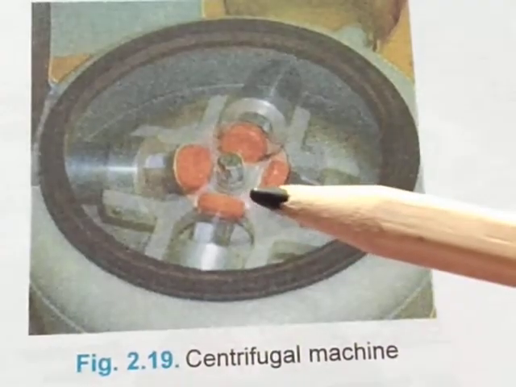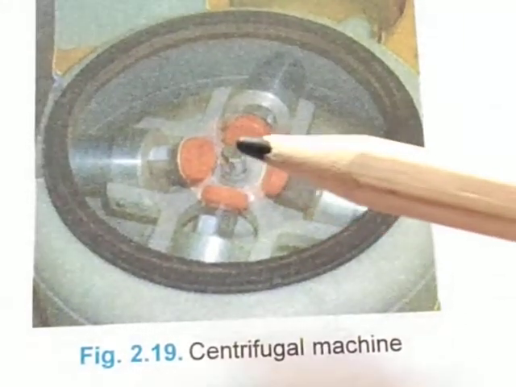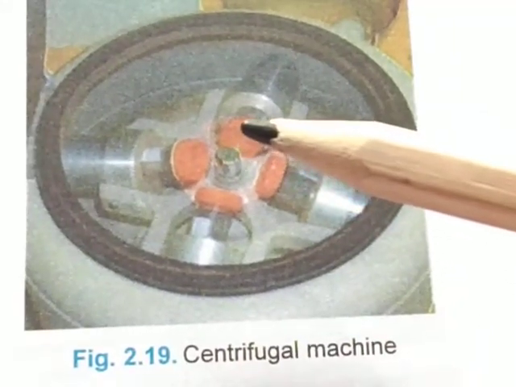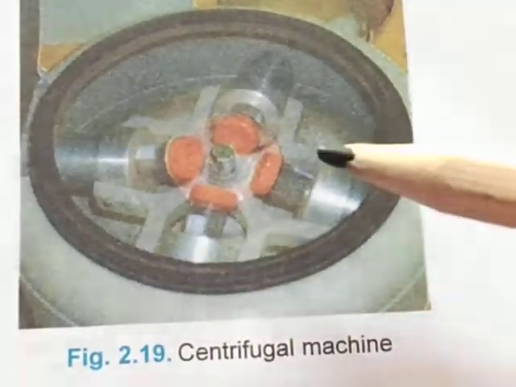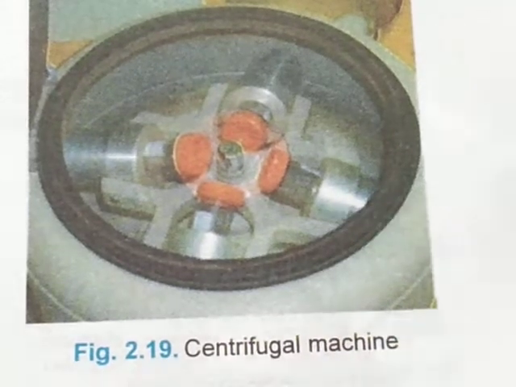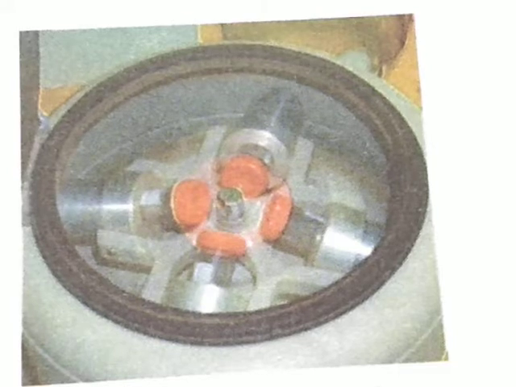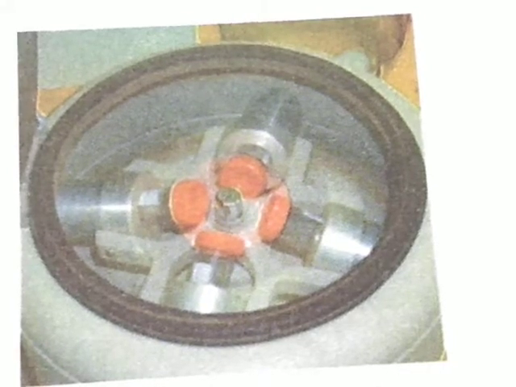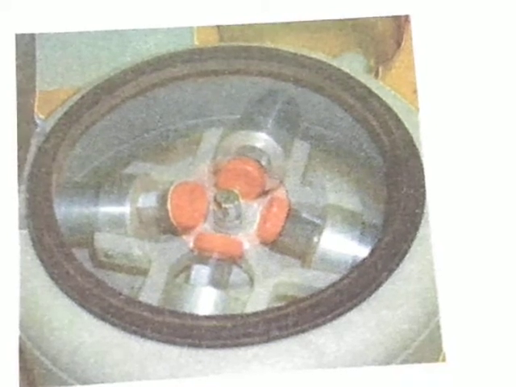How is butter separated from cream? This is done with the help of a centrifugal machine. The given sample of milk is placed in the machine, which is rotated at a very high speed by passing electric current.